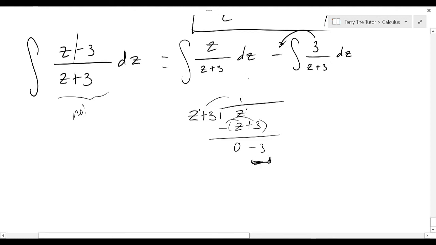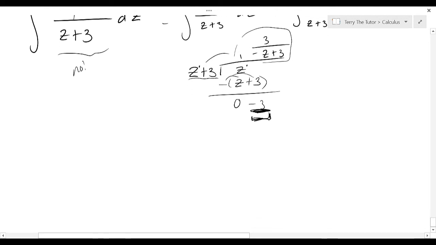So we can just say negative 3 over z plus 3. That's how you write your remainder. You write whatever is left. Once the divisor no longer goes into the number, you can just write it as a fraction, the remainder over the divisor. So this is our new integral.